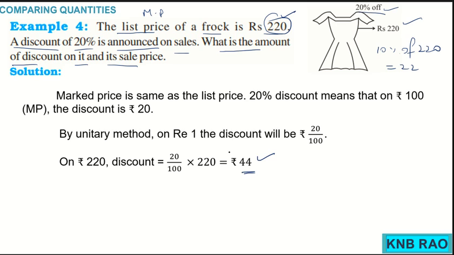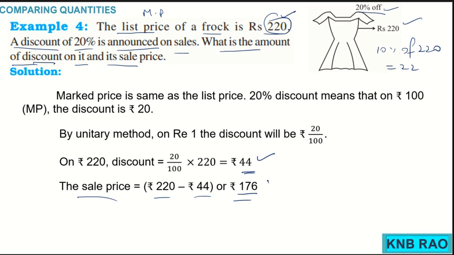I will not do all this if I am doing MCQ type questions. If I subtract that 44 rupees from the market price, I will get the sales price. So the sales price is 220 minus 44, that is rupees 176, the selling price.